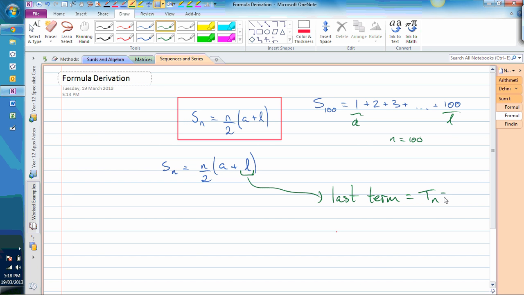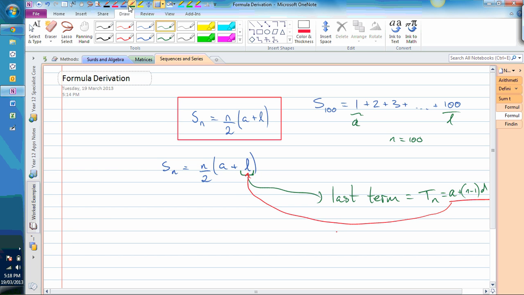Remember from our work before, the nth term of an arithmetic sequence is equal to A plus n minus 1 lots of D. So what we can actually do is take this expression, which contains an A and a D and an n, and use that to replace the L in my formula.